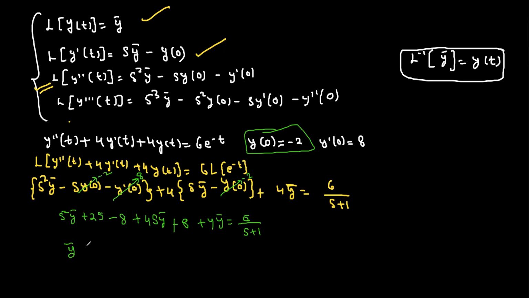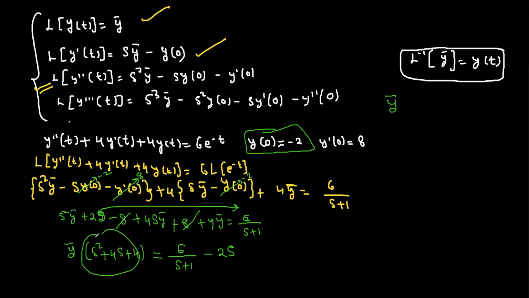Take y bar common. What do you get? S square plus 4s plus 4, isn't it? And all the remaining terms shift on the right side. So what are the remaining terms? 6 upon s plus 1. When you shift this, minus 8 plus 8 cancel, you will get 2s. 2s when you shift on the right side, you will get minus 2s.